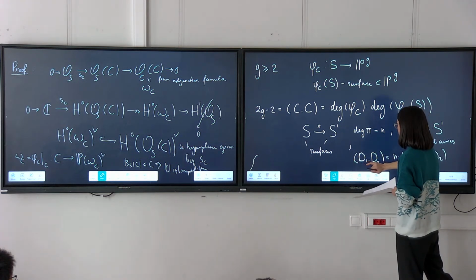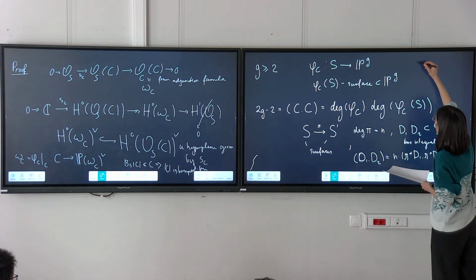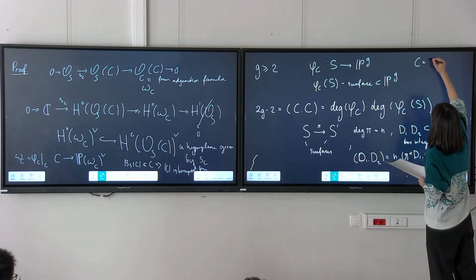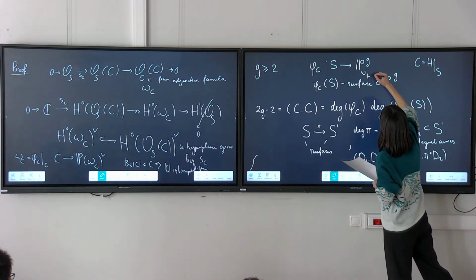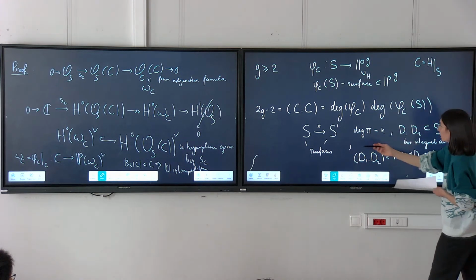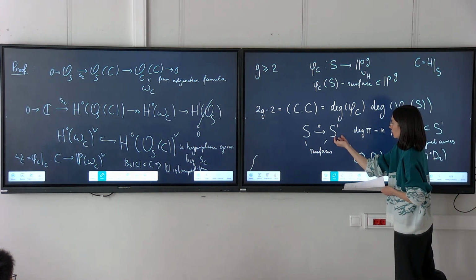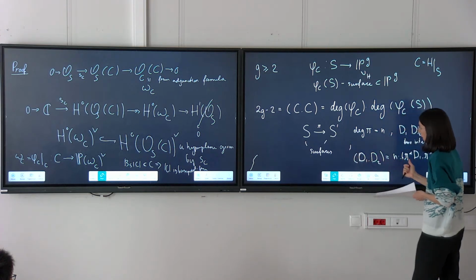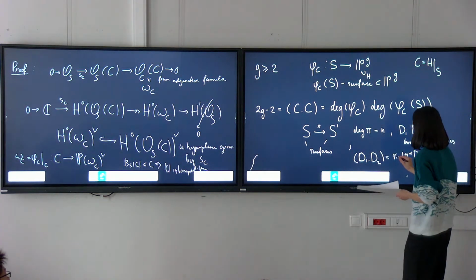Okay, for simplicity, let us suppose also that D1 and D2 are restrictions of hyperplanes, and this is in fact our case, because C is a restriction of a hyperplane to S. If D1 and D2 are the restrictions of hyperplanes on S', then this is true. And I think in general we can always do this. The n should be on the other side. Oh, right. Sorry.